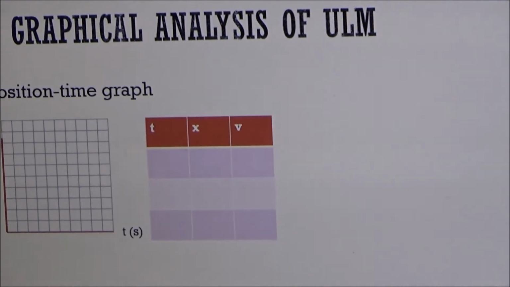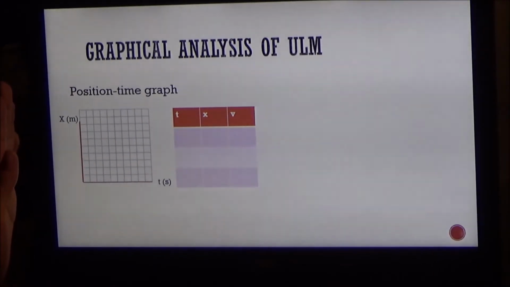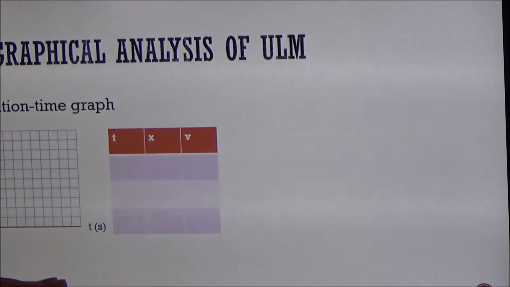So here is another topic, graphical analysis of ULM, which is the same as we already saw, but this time in graphics. We have the position-time graphic. Here we have the position and here the time.